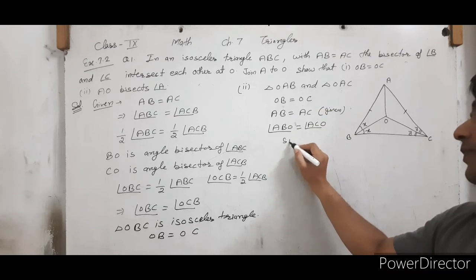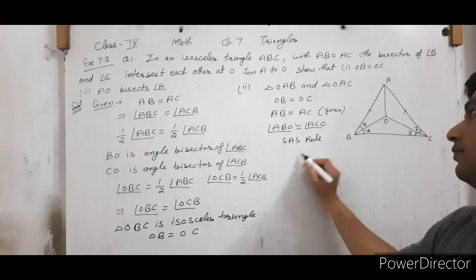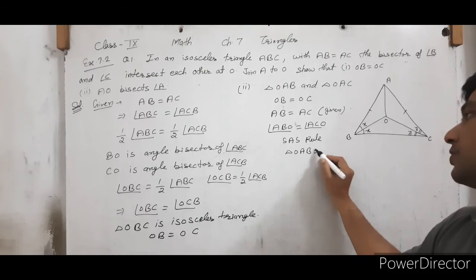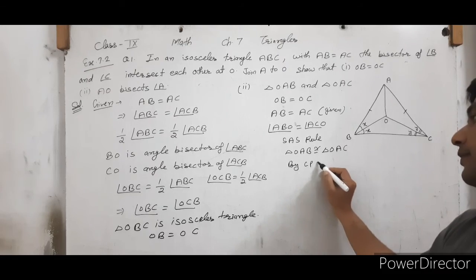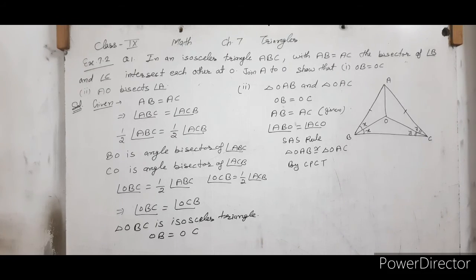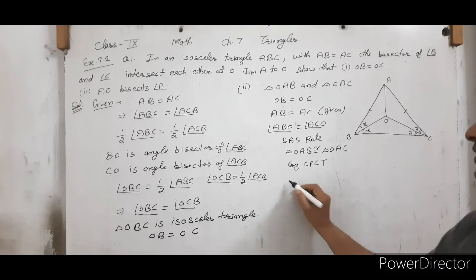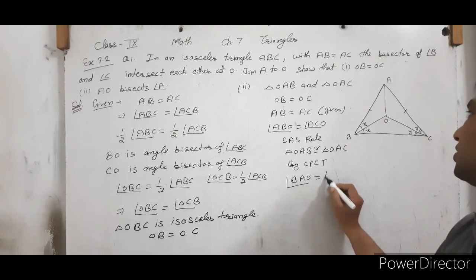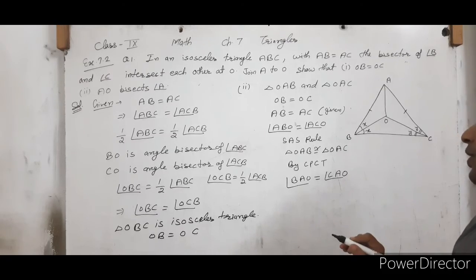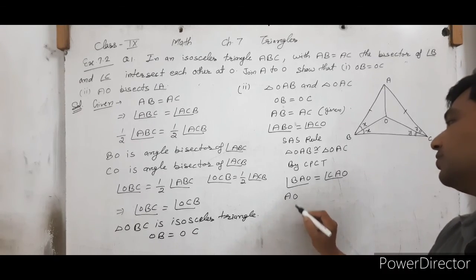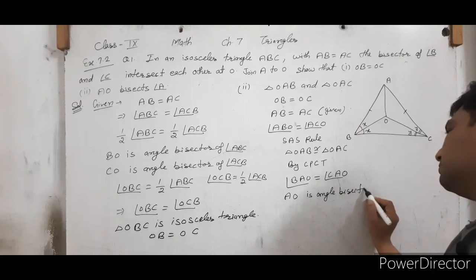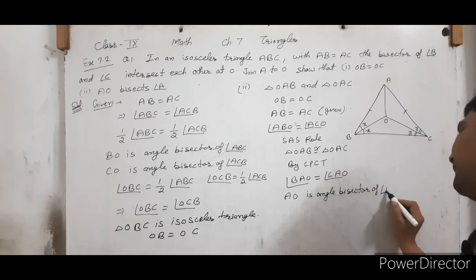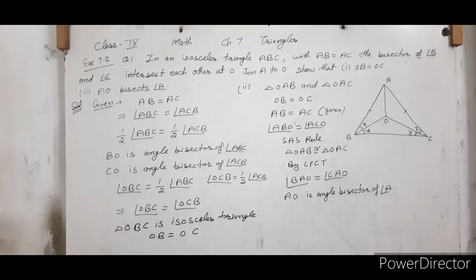Two sides and the included angle are equal, so by the SAS rule, triangle OAB is congruent to triangle OAC, and by CPCT, corresponding parts of congruent triangles, angle BAO is equal to angle CAO, and if these are equal, that means AO is the angle bisector of angle A.